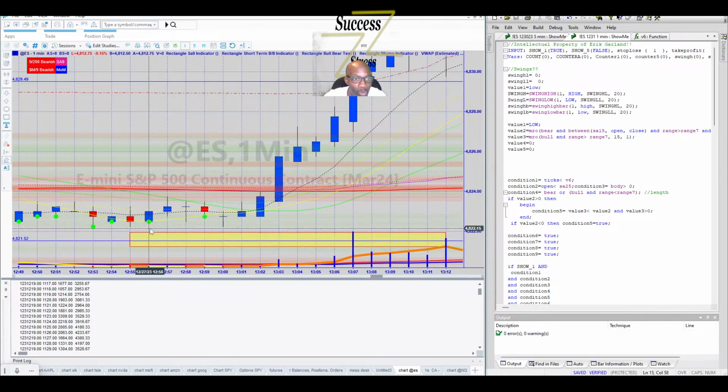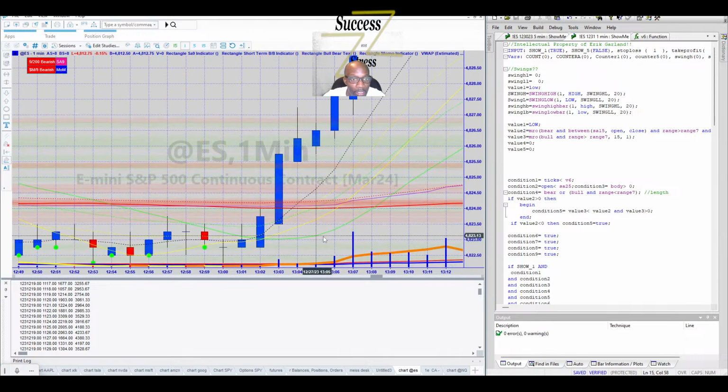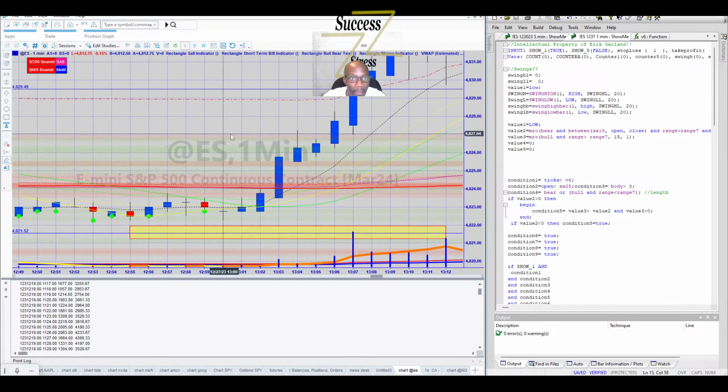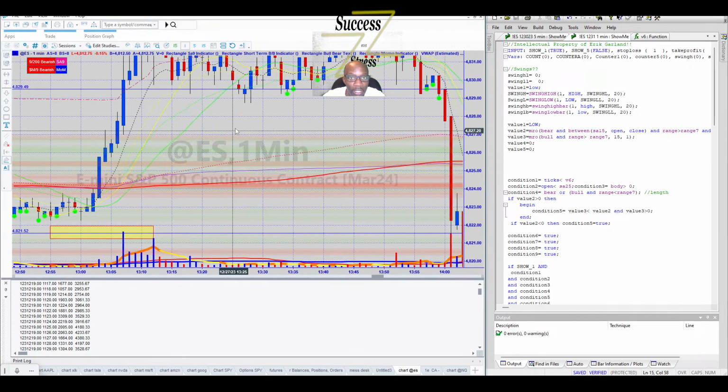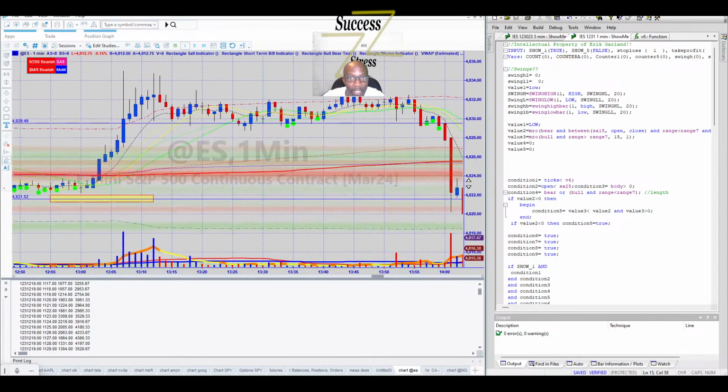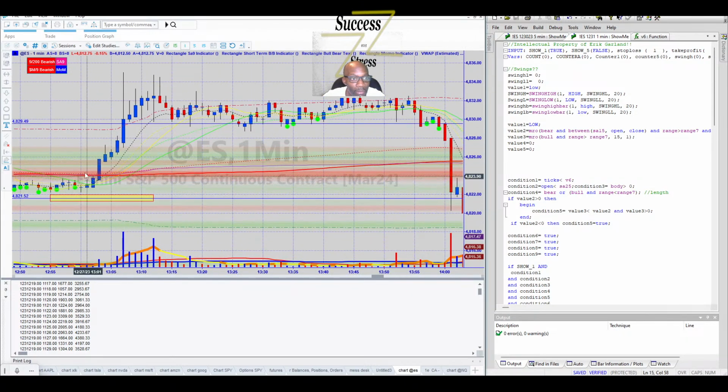Once we dropped down to the 1-minute time frame, it gave us an entry bar here or here. Both of those look pretty good for entry. So it does seem to work on other 5-minute entry triggers.